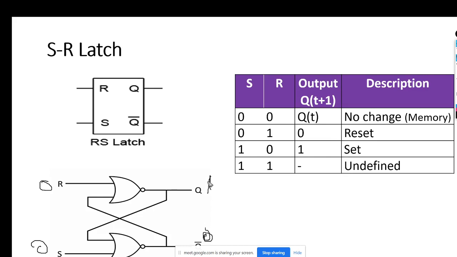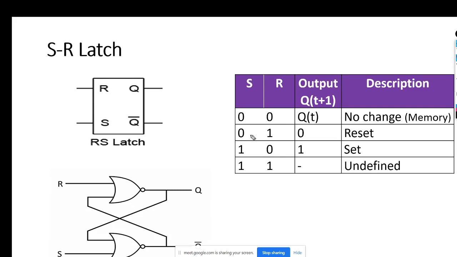If it is 1, it keeps on 1, 1, 1, 1. If earlier Q is 0, then of course Q bar is 1, and as time passes it keeps on 0, 0, 0, 0. That means it is remembering or retaining the value. So when 0, 0, we say it is the memory. Whatever the value is, it is retained.